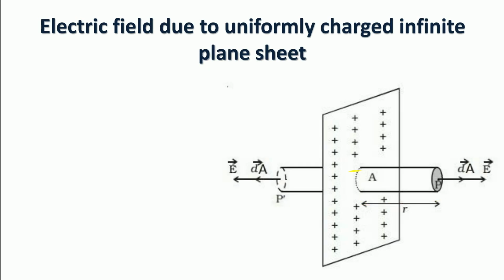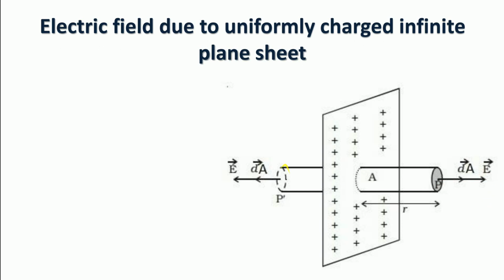This is a Gaussian surface we have assumed here, which is a cylinder passing across this infinite sheet. Watch here. We have taken the area vector dA, which is perpendicular to this, and the electric field, which is away from the positive charge, is in the direction of the area vector.